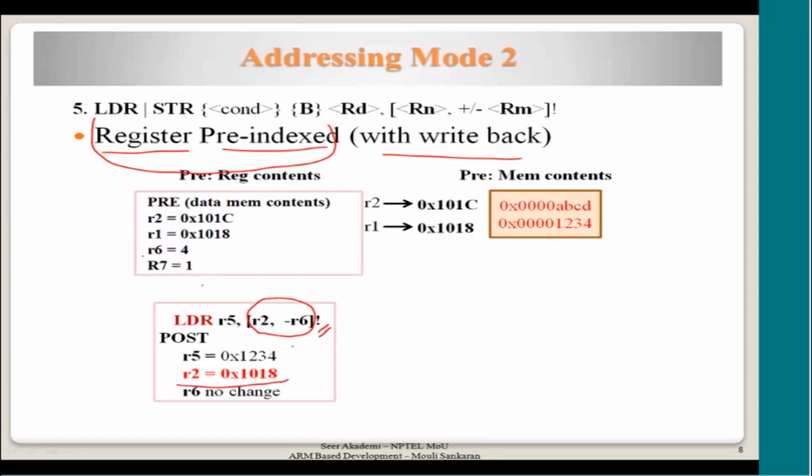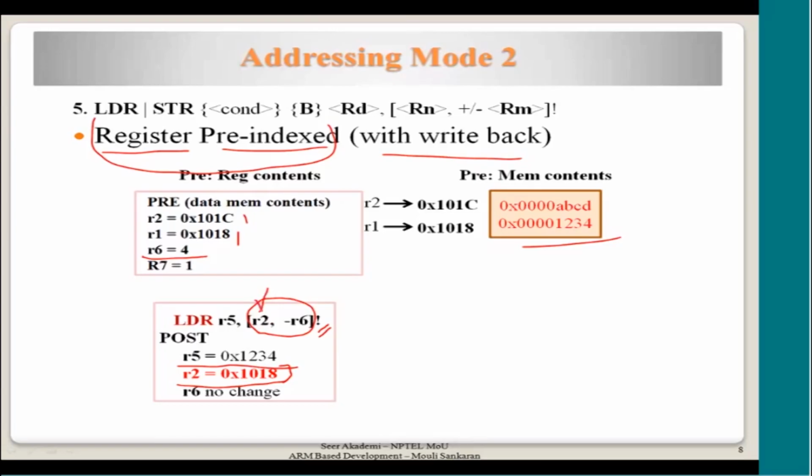Because you are adding 4 to the existing R2 value. Sorry, you are subtracting 4 from the existing R2 value. So it will become 18. So R2 becomes 18 after this particular operation. So it will access the same value from the memory. There is no change from what you saw. The only thing is the newly computed address, whatever was used for accessing the memory, is now copied into R2.